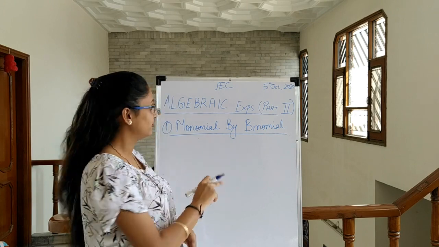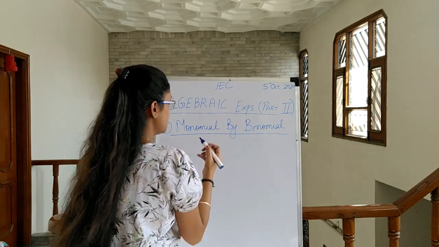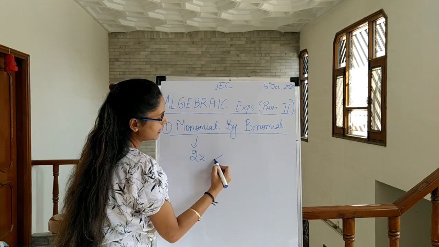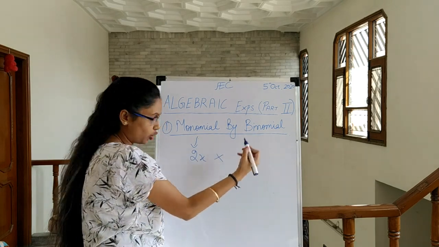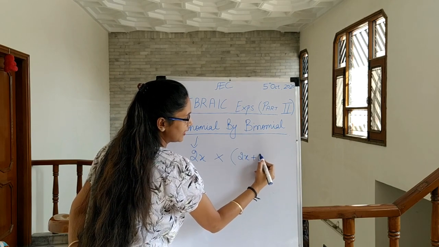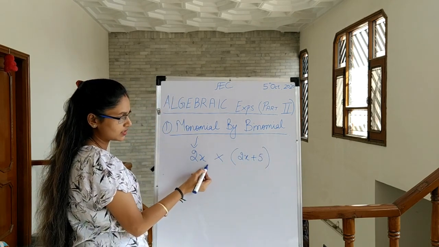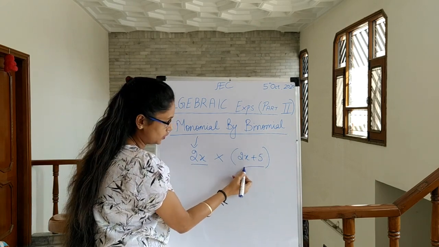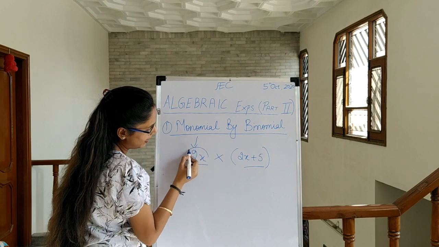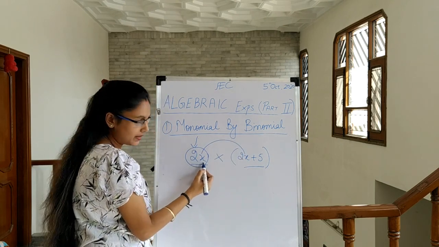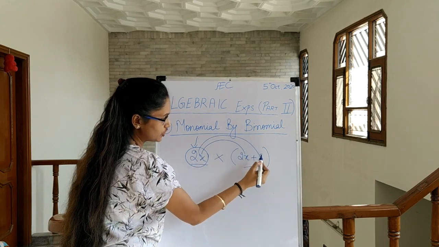Now next we have monomial by binomial. If I write monomial 2x and I multiply it by a binomial, say 2x plus 5. As you can see, this is my monomial because only one term is used, and this is my binomial, 2 terms are used. First I will multiply this 2x with 2x, then I will multiply this 2x with the second term, which is 5.